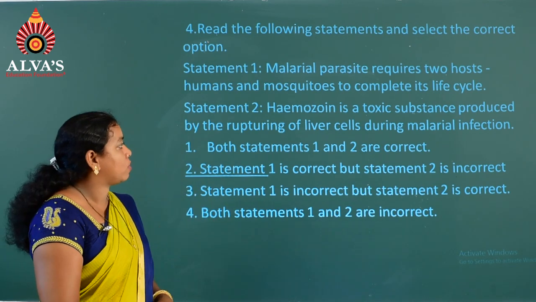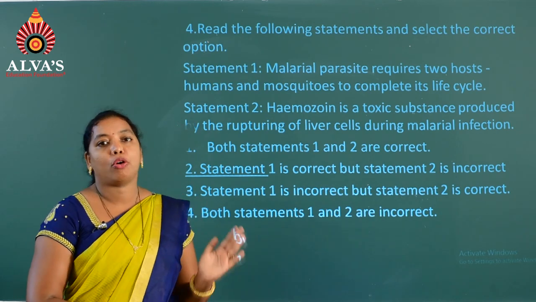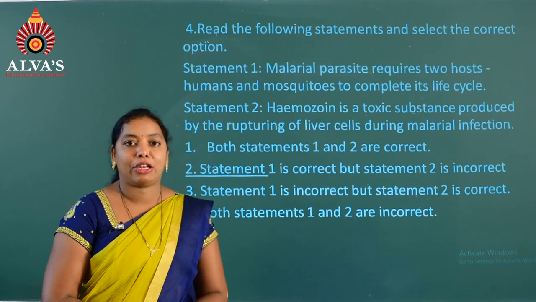And statement 2: Haemozoin is a toxic substance which is produced by rupturing of the liver cells during malarial infection.